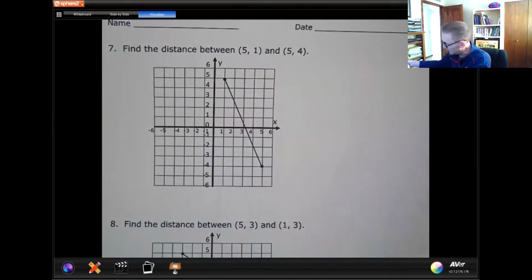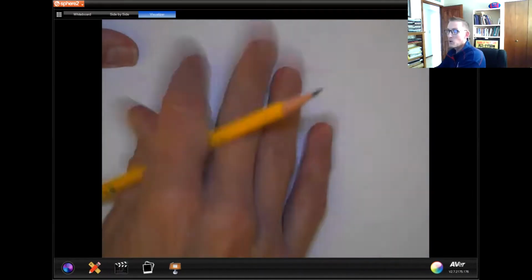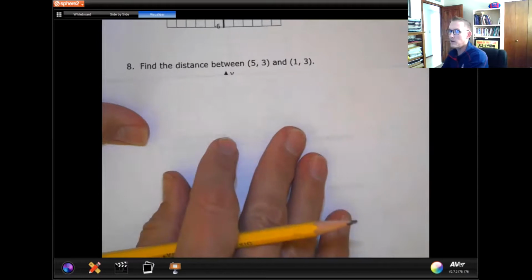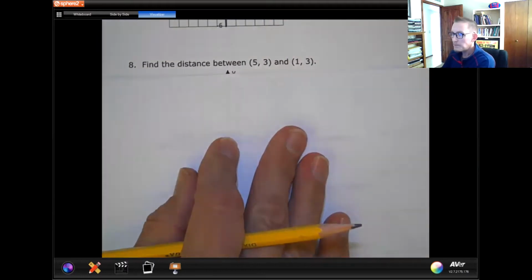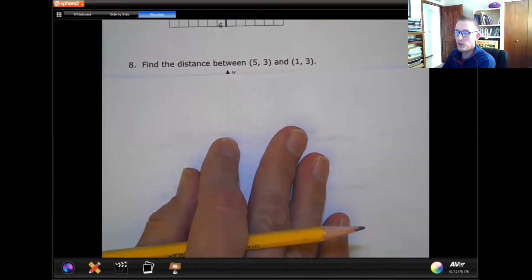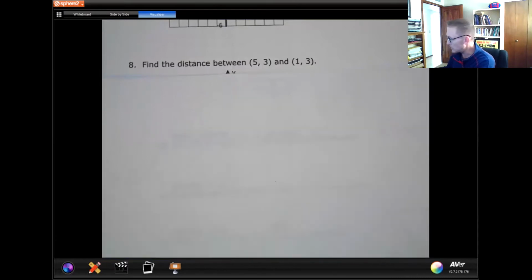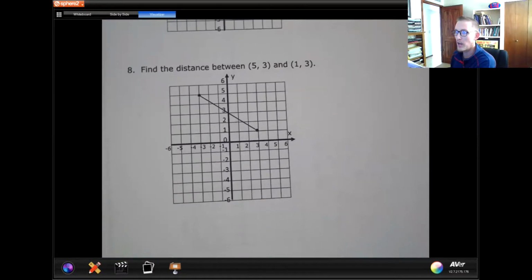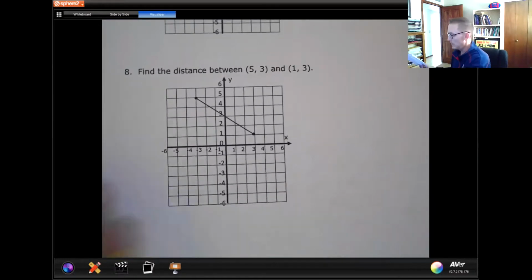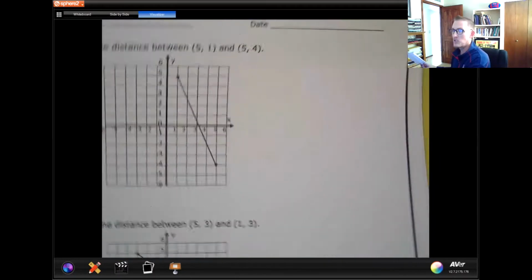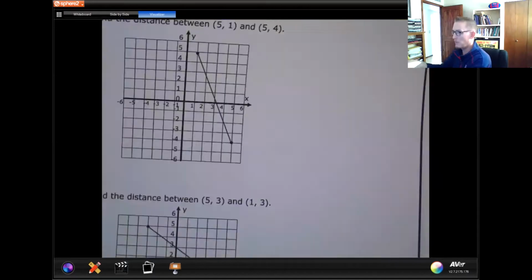Let's go down to this one here, same thing, right? We've got 2 ordered pairs, and they're going to want you to put it on the grid. What you're going to do is plot your points and draw the line through them.